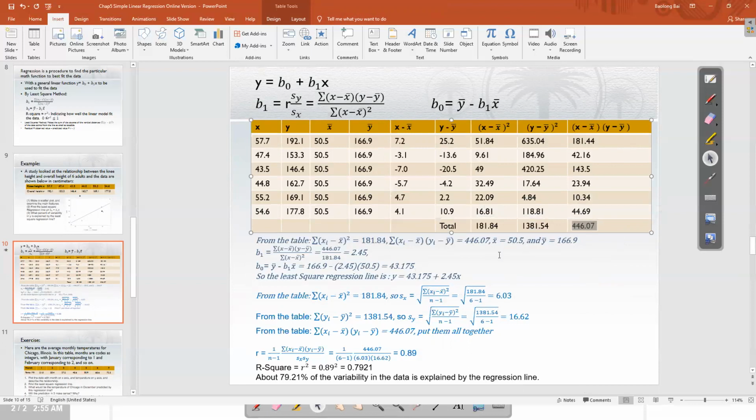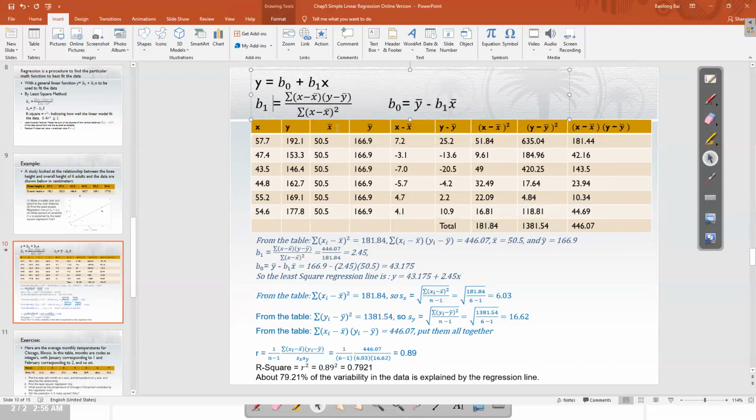If you want to do regression, it's pretty simple. You use the summation of xi minus x bar times y minus y bar, divided by the summation of xi minus x bar squared. That's our equation right here. There is another equation for slope, but we're not going to use it, just to be less confusing. You can do it the other way, but some people get confused.